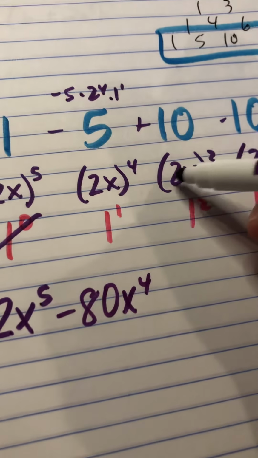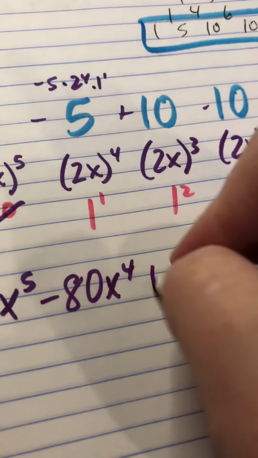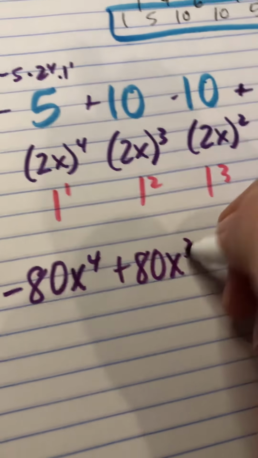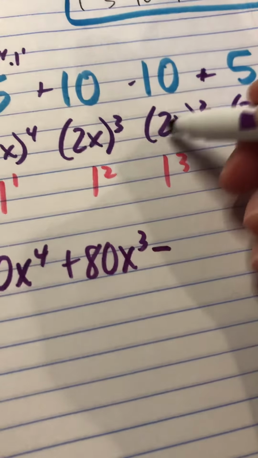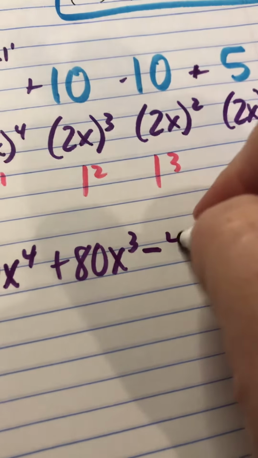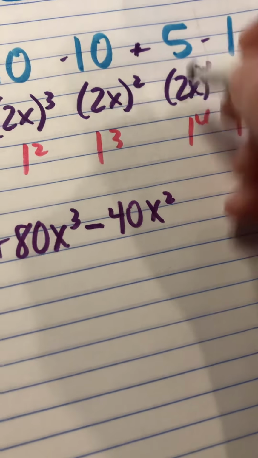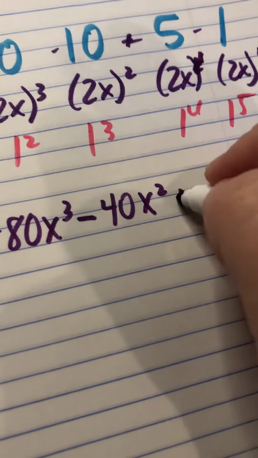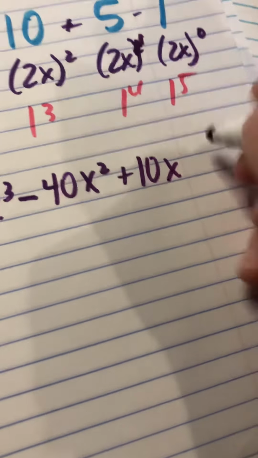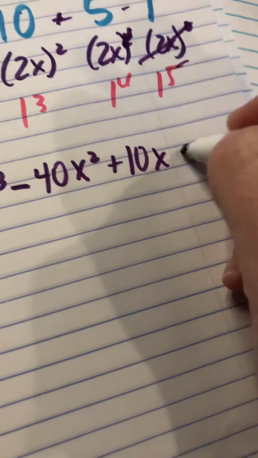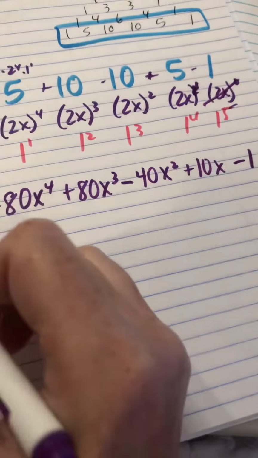Then we have 2 cubed, which we know is 8 times 10 is going to be 80x cubed minus 2 squared is 4 times 10 is 40x squared. And then 2 to the 1 is 2 times 5 is a positive 10x, and then that cancels out, and that's just 1, so minus 1.